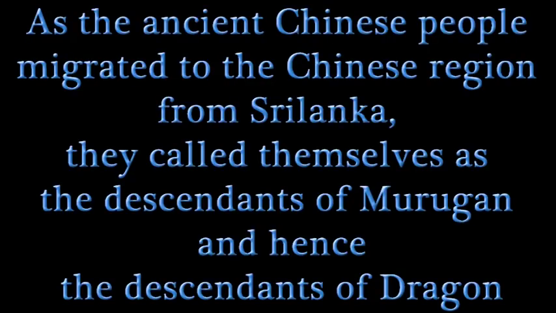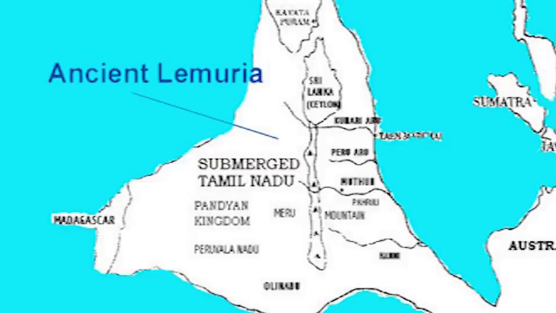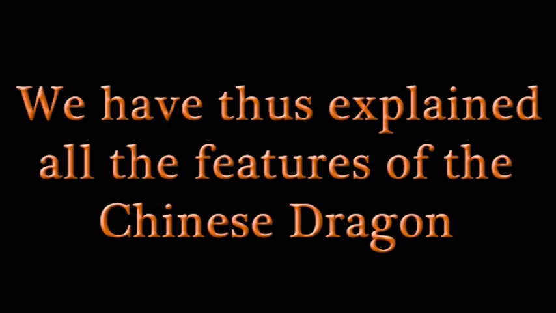As the ancient Chinese people migrated to the Chinese region from Lanka, they called themselves the descendants of Murugan and hence the descendants of the dragon. As Murugan saved his people from the drowning land in the Lemurian floods, the dragon is worshipped as the god of oceans. We have thus explained all the features of the Chinese dragon. We now have to work on the etymology of the name dragon of Murugan.